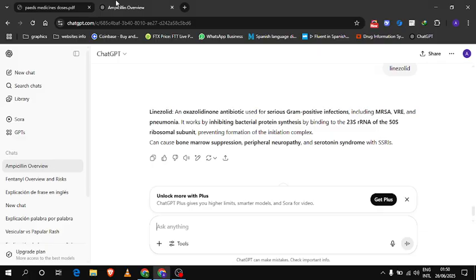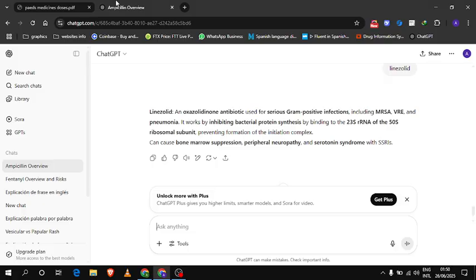It works by inhibiting bacterial protein synthesis by binding to the 23S ribosomal subunit of the 50S ribosomal subunit, preventing formation of the initiation complex. It can cause bone marrow suppression, peripheral neuropathy, and serotonin syndrome with SSRI.